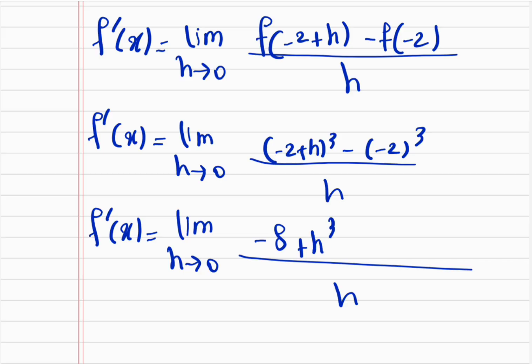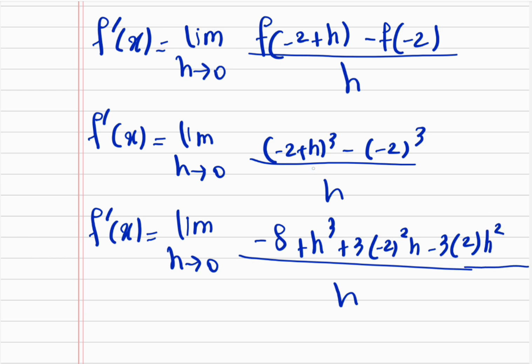One of the terms is 3 times the first term squared times the second term, which is 3 times 4 times h, but it changes sign, so the next term is -3 times the first term, which is 2, times the second term squared, which is h squared.